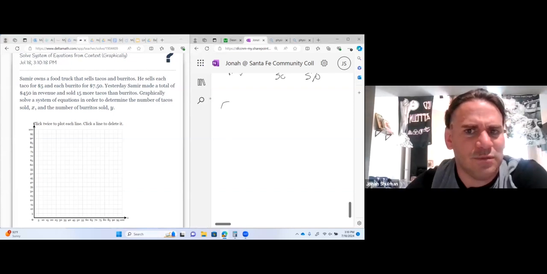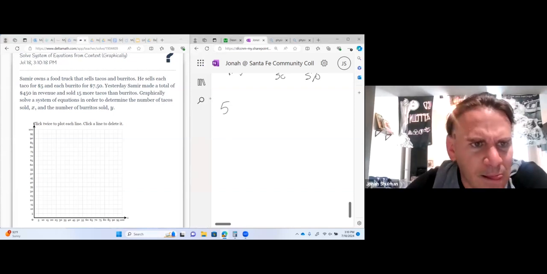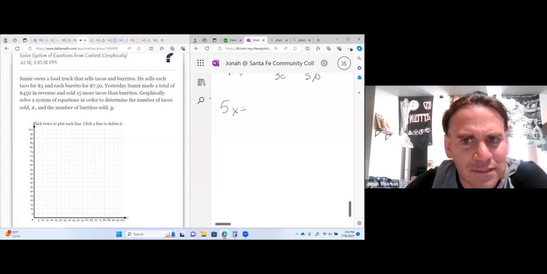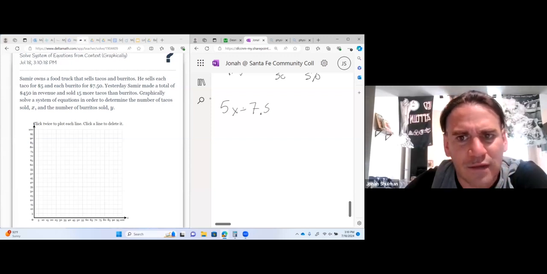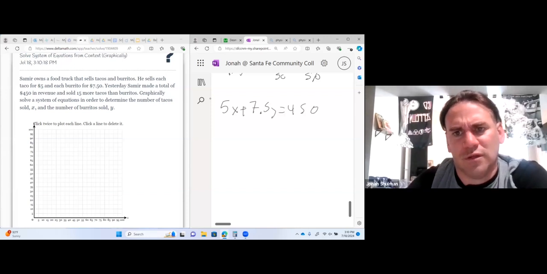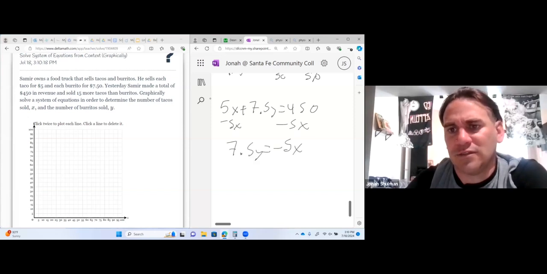The first one's just going to be 5x plus 7.50y equals 450. There's your first equation. We're going to minus 5x from both sides. We have 7.5y equals negative 5x plus 450.